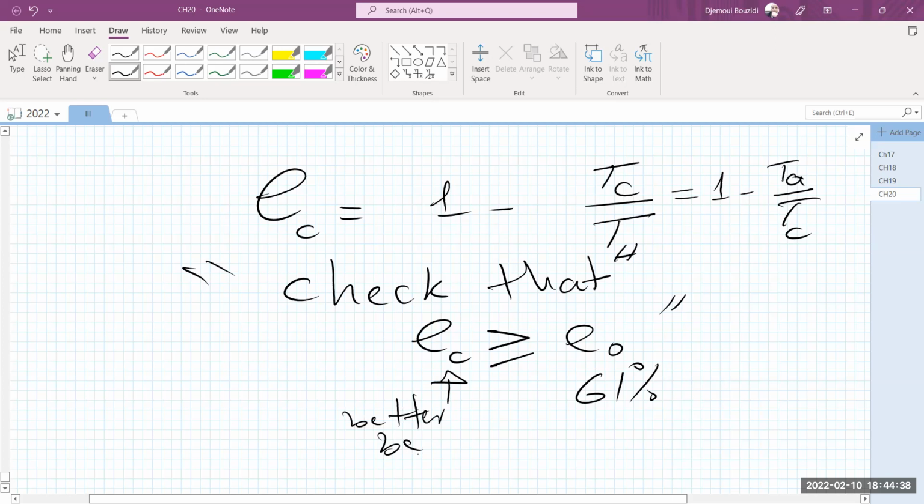This closes the points of the discussion. Remember, it was to put the second law in your own words, using the first, the second, and the third formulation. Now using the probability W as maximum, and now to check that this engine from this example has indeed a lower efficiency. 61% must be less than that of Carnot.